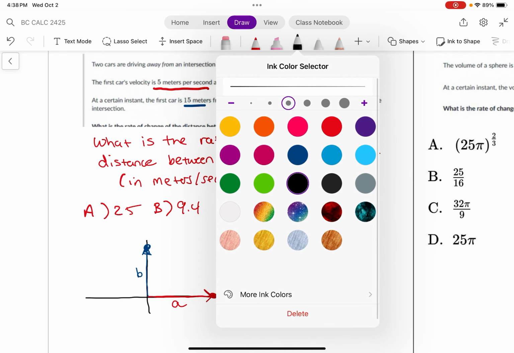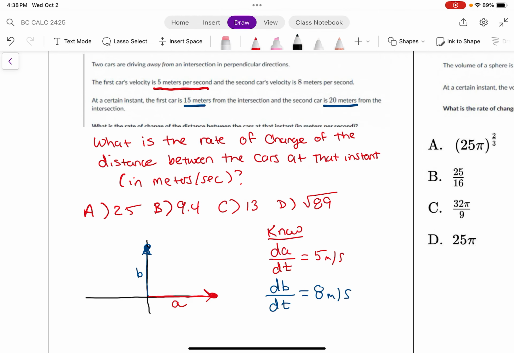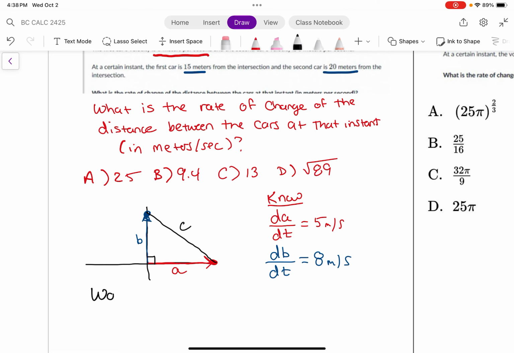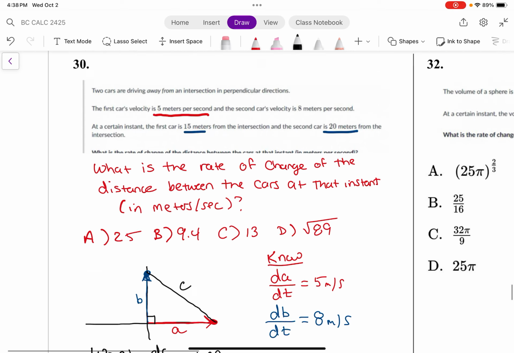So there we are. And now what do we want? We want the rate of change of the distance between them. So we'll call this C. Good old Pythagorean theorem labels. And when do we want that? So we want dC/dt, and let's scroll down here. We want dC/dt at an instant, and what's characterizing this instant?